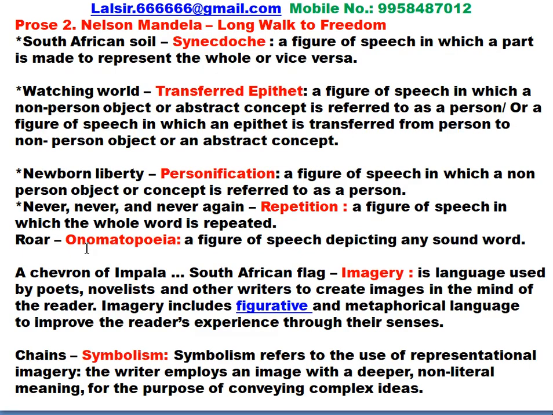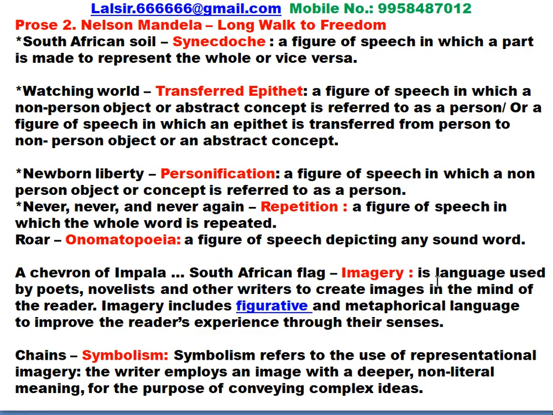The next literary device we find is onomatopoeia. The word is roar here. Any word that depicts sound becomes a very good example of onomatopoeia. Now, if we see another literary device here, we find a chevron of impala, a South African flag, that is imagery.